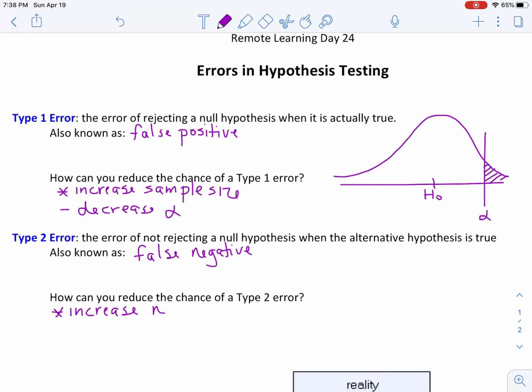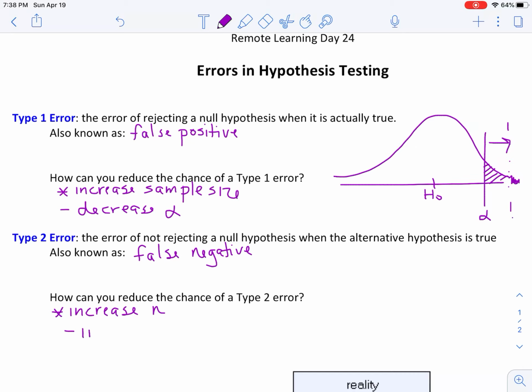So if I decrease alpha, meaning like if I shift this over this way, then I would only be rejecting a little part over here, and I would reduce the chance of making that error. The problem is if I decrease the alpha level, I will increase the chance of a type 2 error. So it decreases type 1 error, but increases type 2, so it's not great.